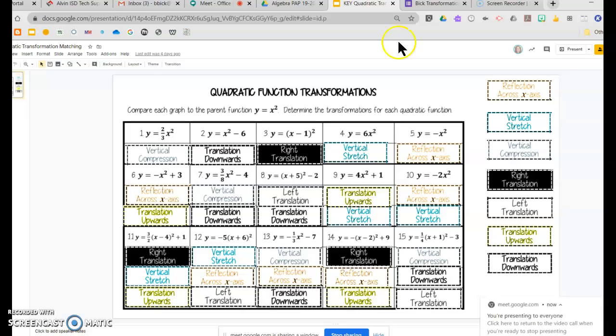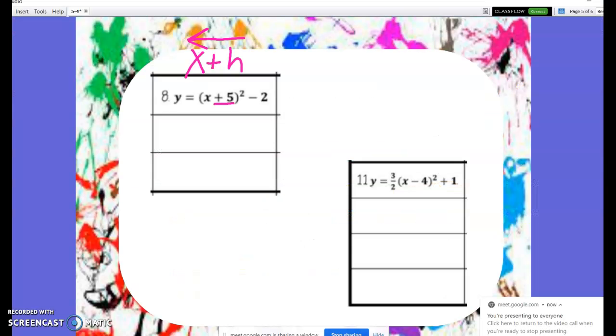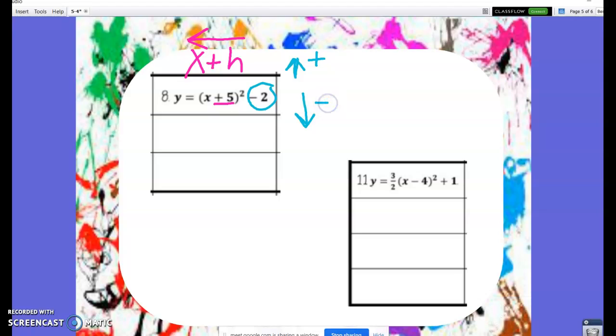The next one is going to tell us the k value. So in your k value, it's the plus 2 at the end, or the minus 2 at the end, and that tells us if we move up or down. And this one acts just like the y-axis. So if it's a plus, then we move up, and if it's a minus, we move down.